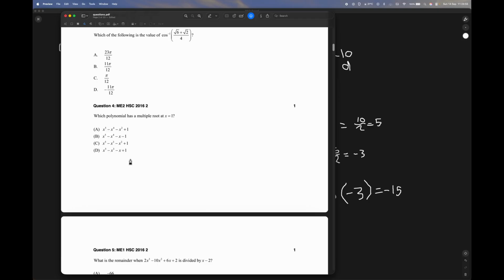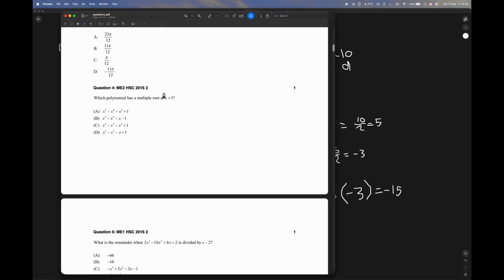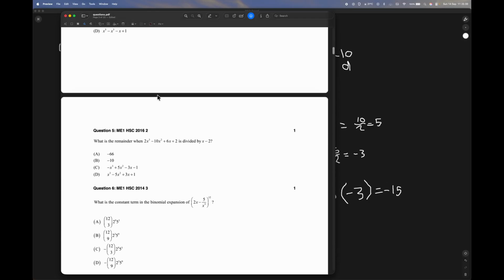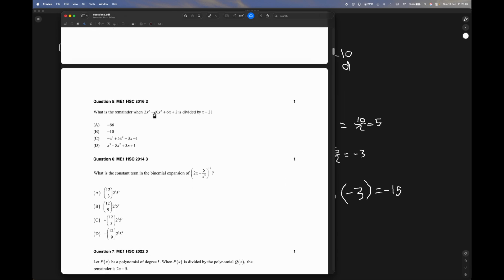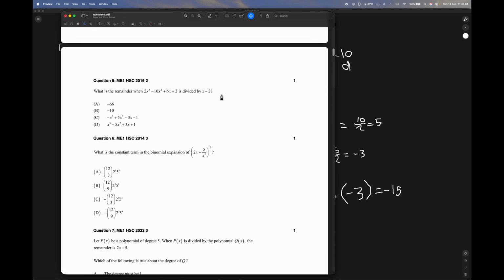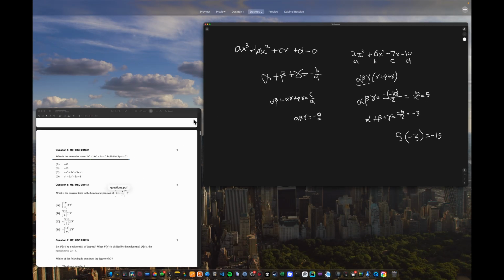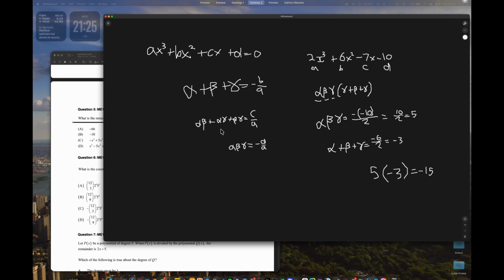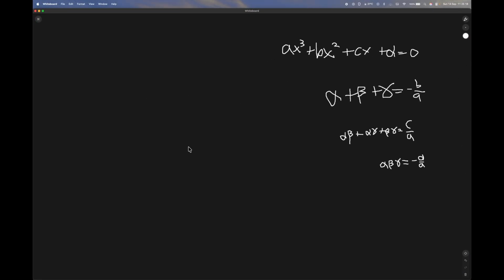If we can find another question that uses polynomials like this, where we're looking for the alpha, beta, gamma, we're not going to worry about this now. I'll do that in another video. Actually, remainder theorem, we can do that. What is the remainder when... Is that the same polynomial? No, it's not. Let's go over here.